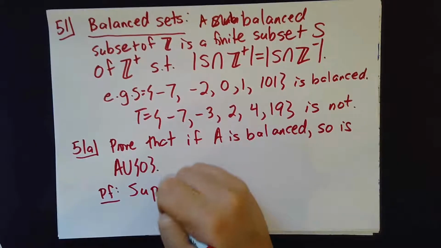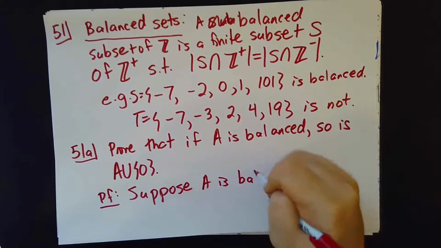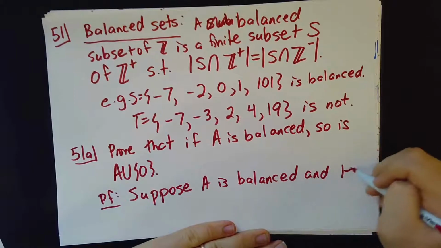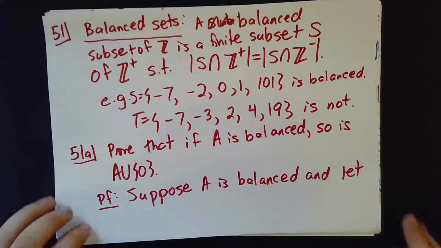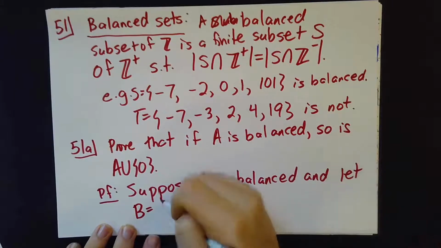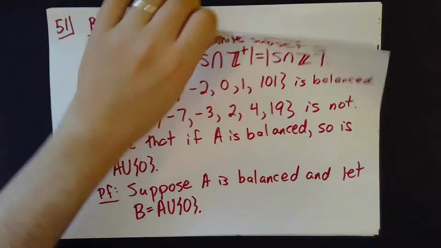Okay, so let's suppose A is balanced. And let's let B equal A union {0}. So this B is the set I want to show is balanced.